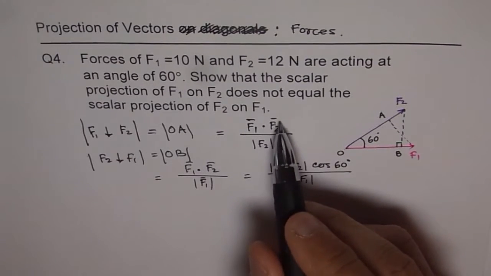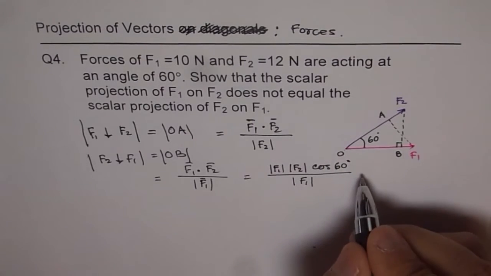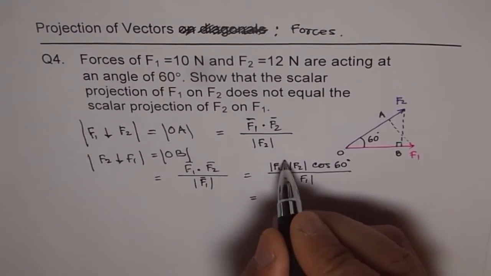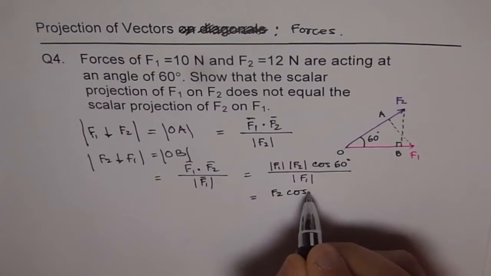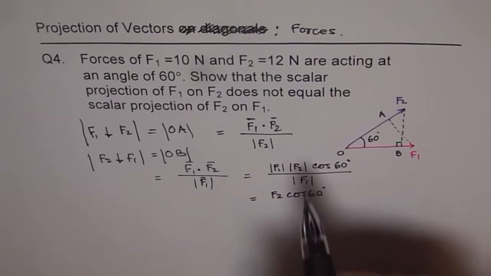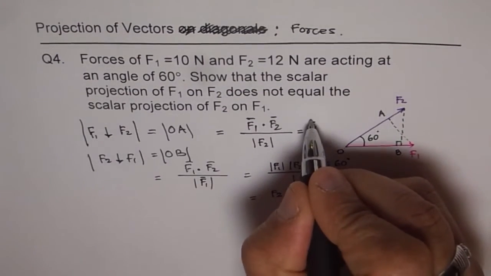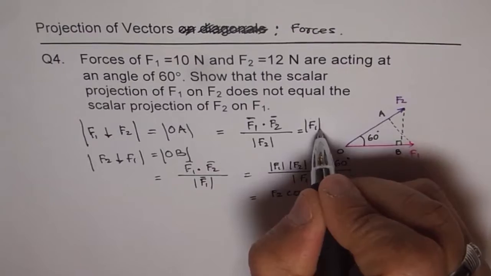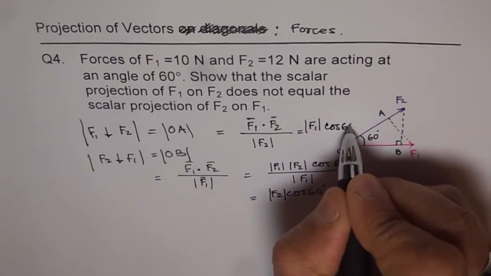And here you'll get F1 cos 60 degrees, right? So they will cancel out, and you get F2 cos of 60 degrees, and in the other case you get the magnitude of F1 times cos of 60 degrees, correct?